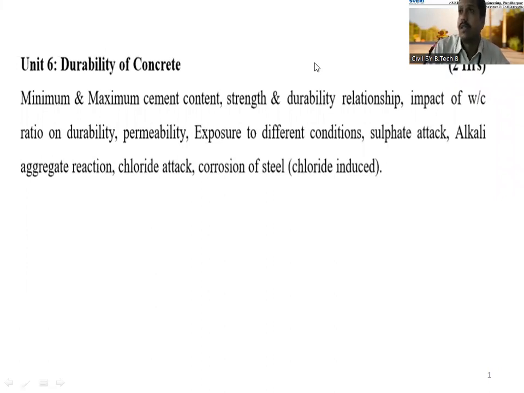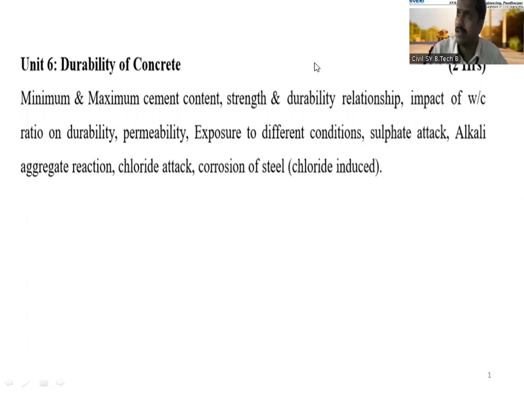So what do we want? We want our structure to have a certain strength, the strength which is specified according to the different grades of the concrete, for which you are going to prepare your mix design. And also, we are expecting certain durability. That means my structure will last long, at least 10 years, 20 years, 30 years.